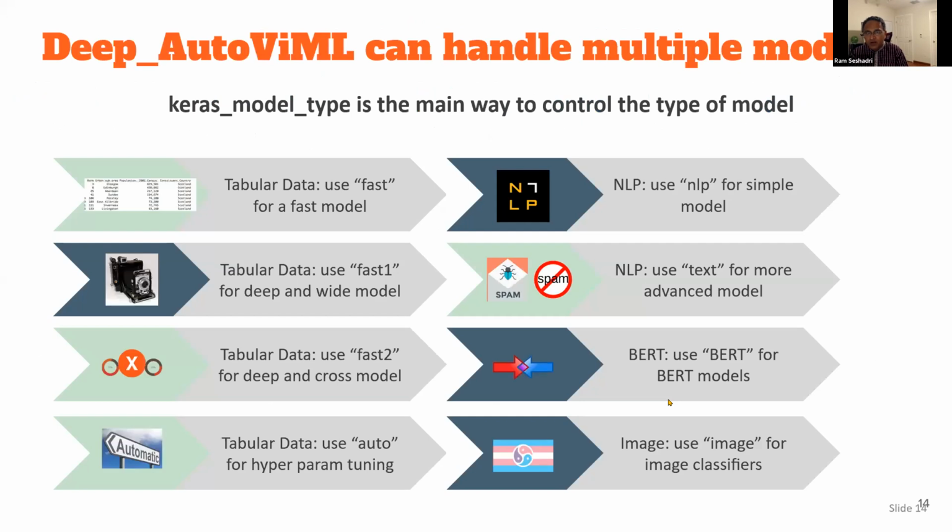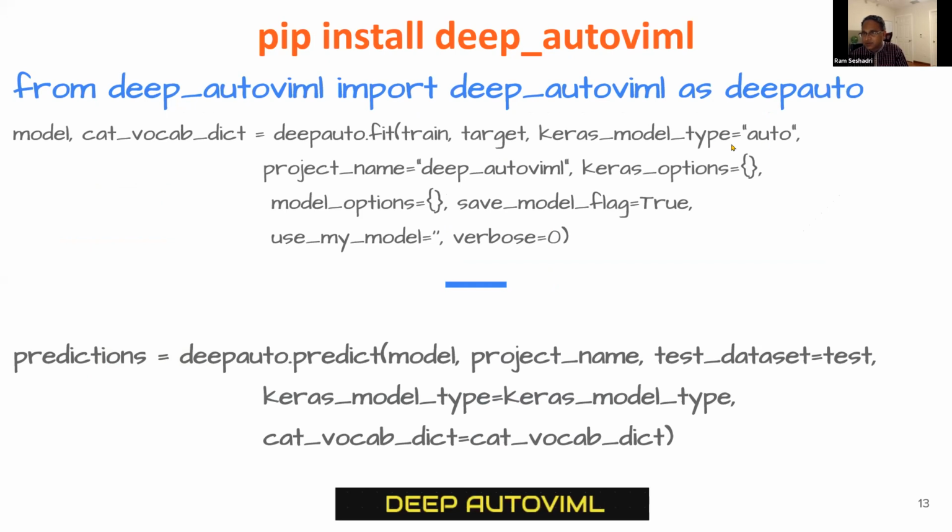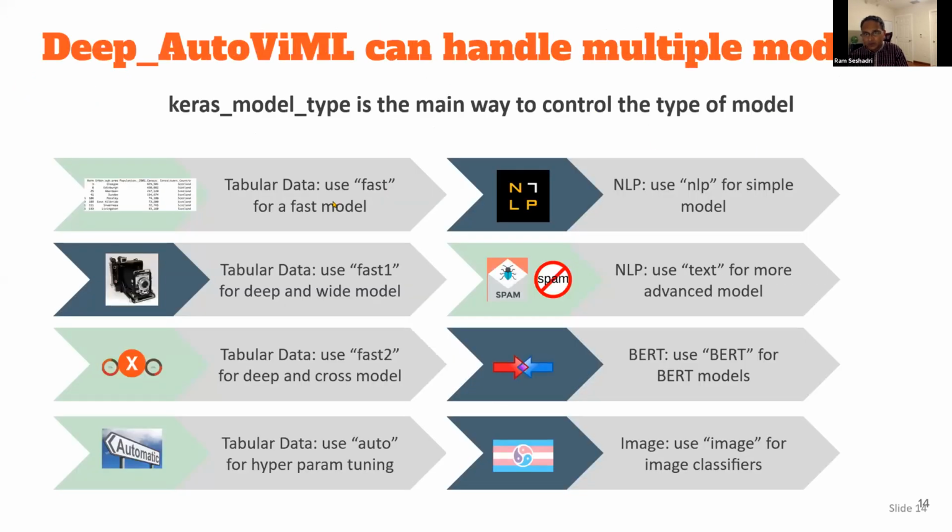All right, so what are the different options for your models? For tabular data, the first thing I would use is fast for the Keras model type. I mentioned earlier that there is something known as Keras model type, and that controls almost all of the architectural decisions I make. So if you use tabular data in your data set, basically structured data, you can say fast to build a fast model.